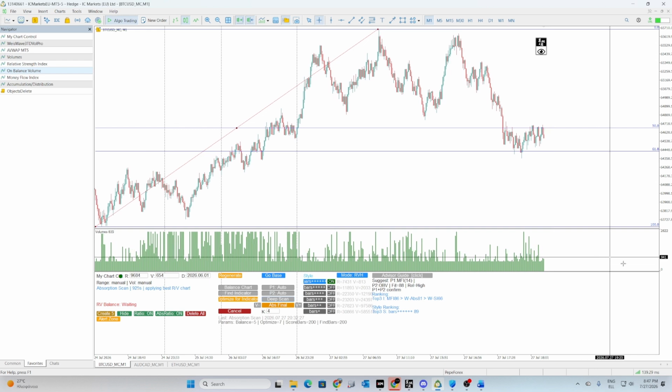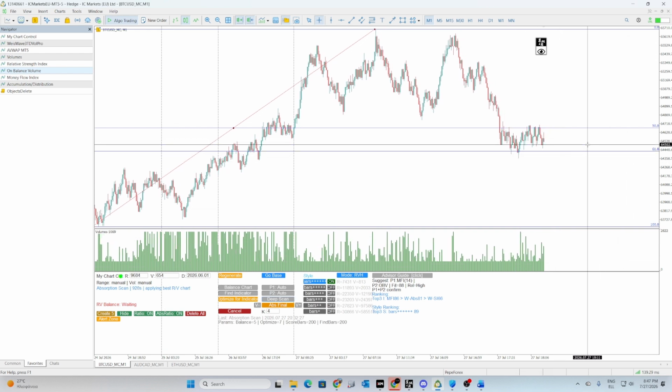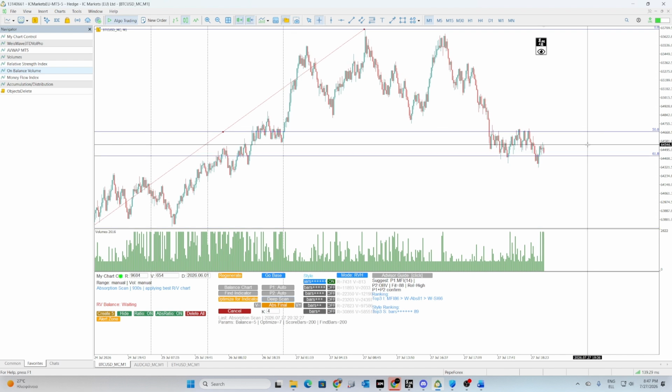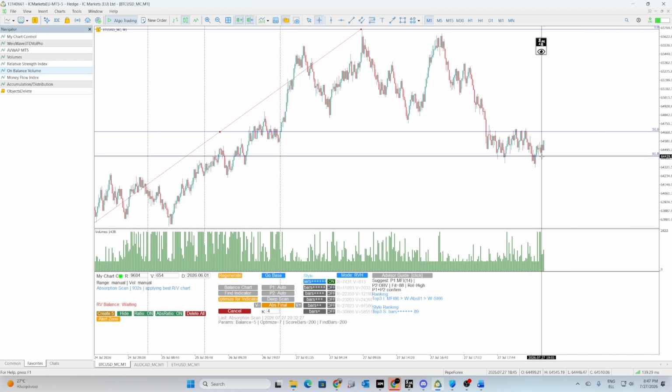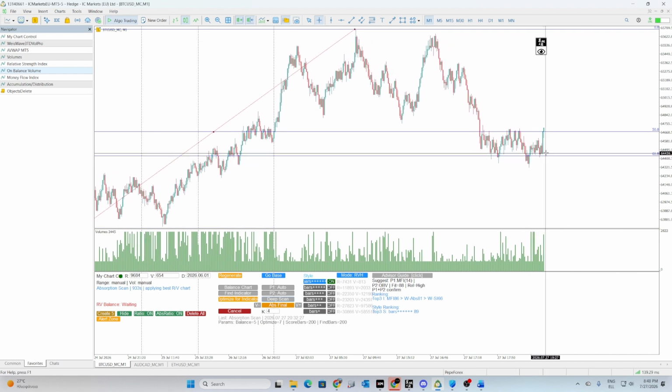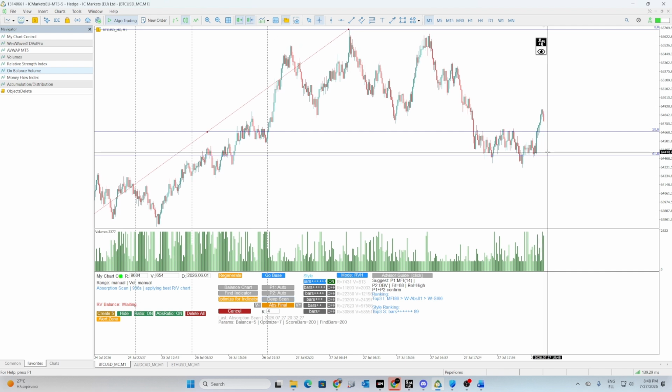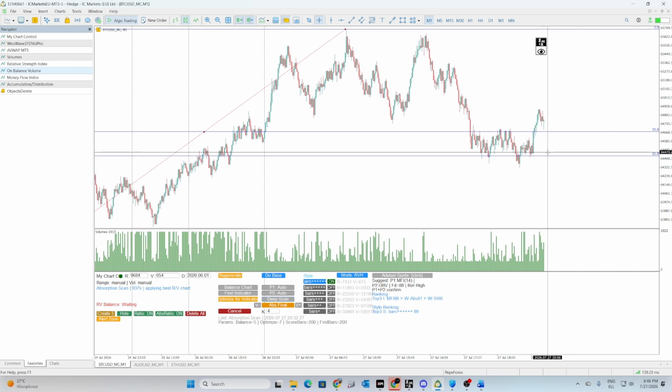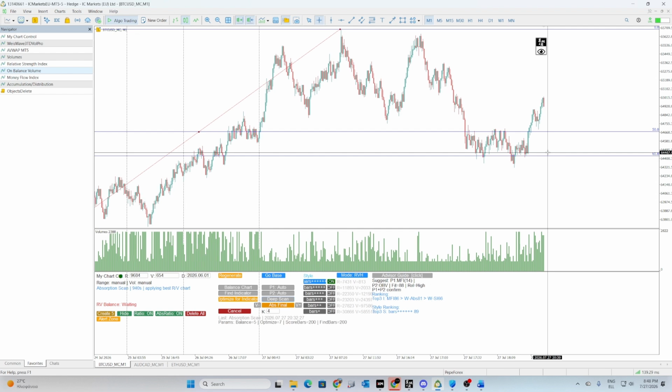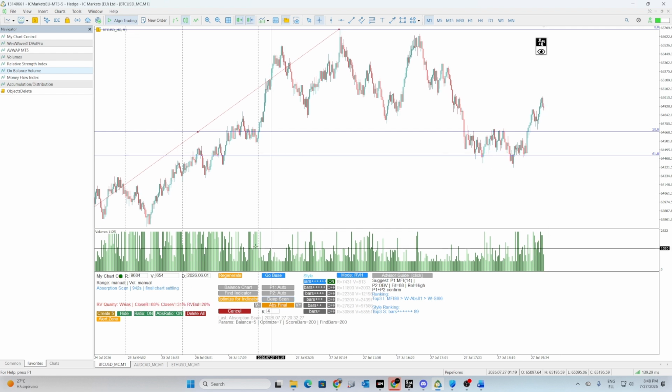So the cluster is forming. Let's see how it's going to go. If it's going to hold, more volumes on the moves, more clusters, and up we go. So look at this now.